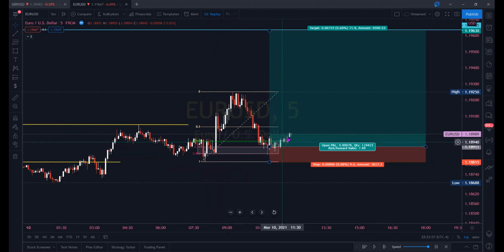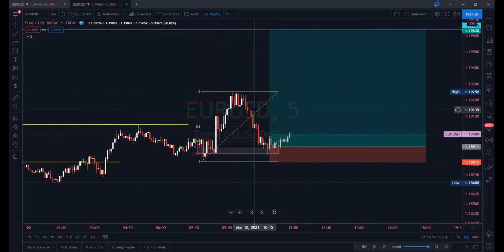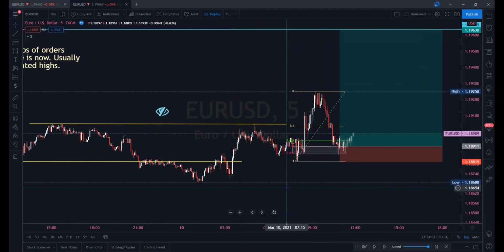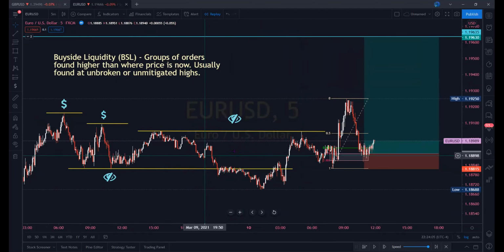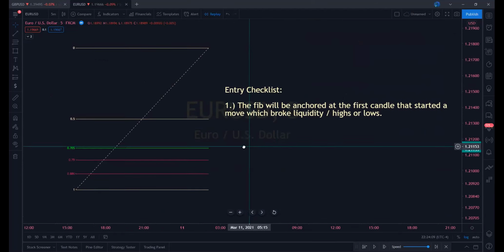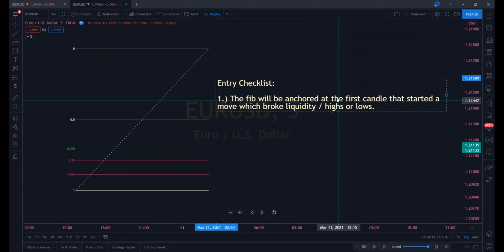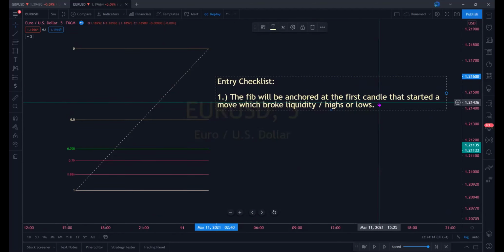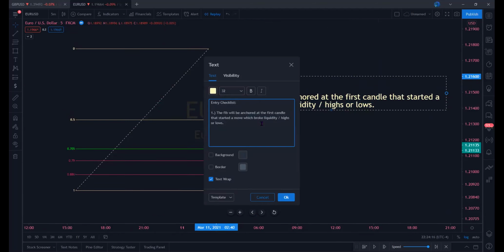All right. So after that, we're going to turn on basically our targeting. Going back to the checklist, we understand that the fib must be anchored at the first candle which started the move that broke liquidity, correct?